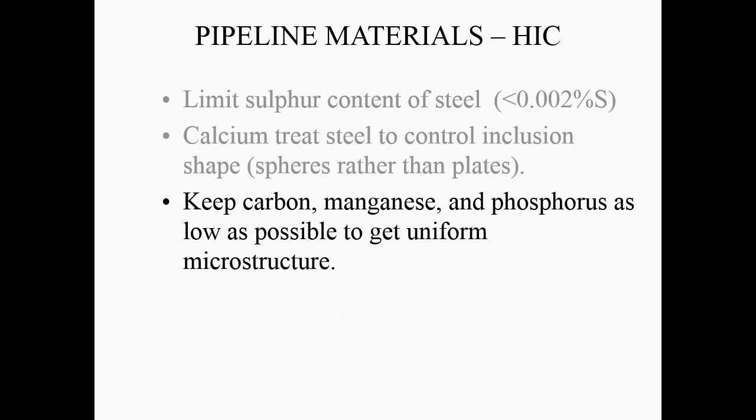Obviously, we want to reduce the hardenability of the steel, make it less susceptible to cracking, and that means keeping the carbon, manganese, and phosphorus as low as possible. Carbon and manganese, if you looked at your weldability equations, are obviously important contributors to that. Phosphorus is one of these impurities.